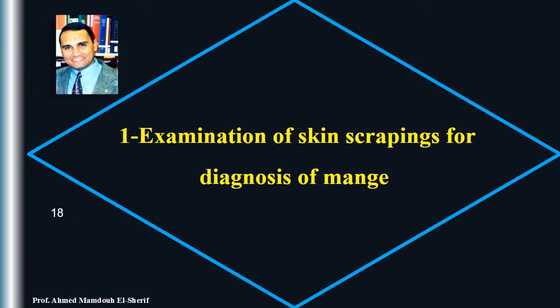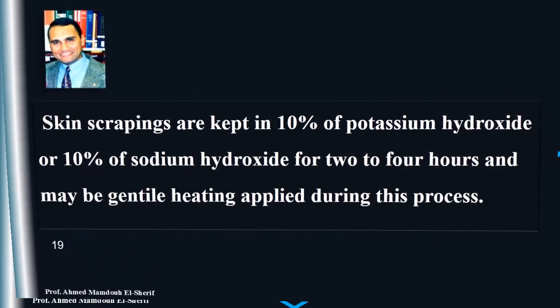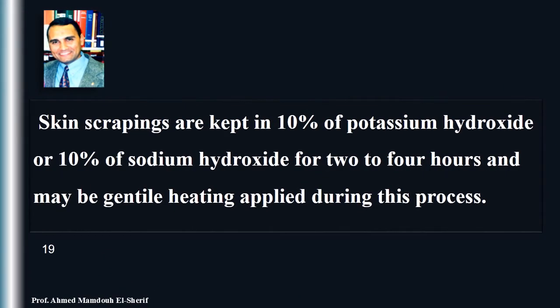Examination of skin scrapings for diagnosis of mange disease. Skin scrapings are kept in 10% potassium hydroxide or 10% sodium hydroxide for 2 to 4 hours, and gentle heating may be applied during this process.